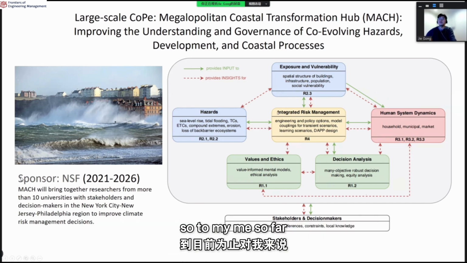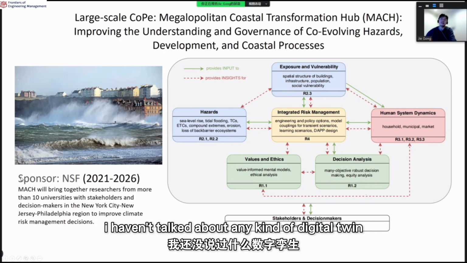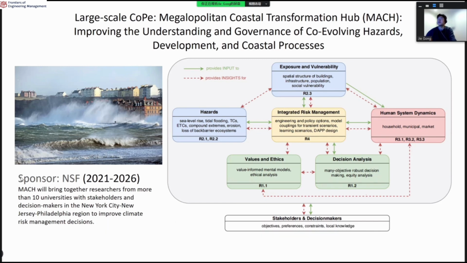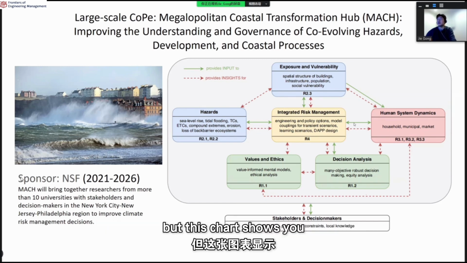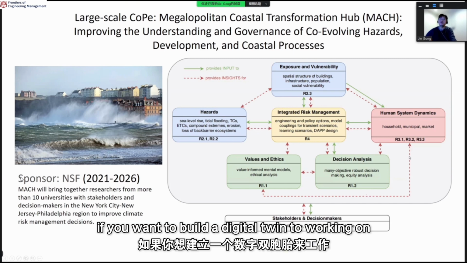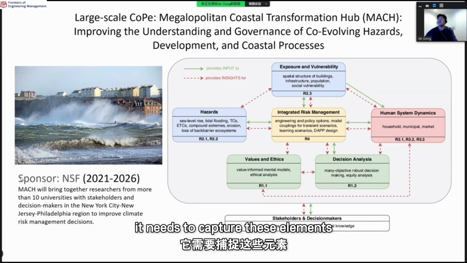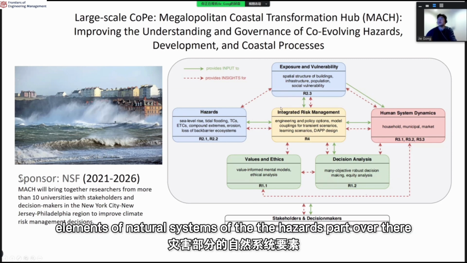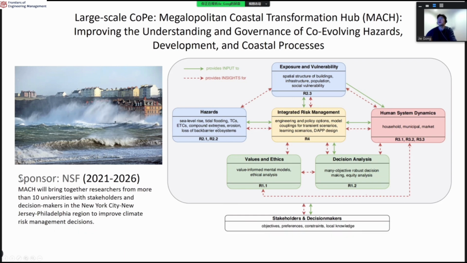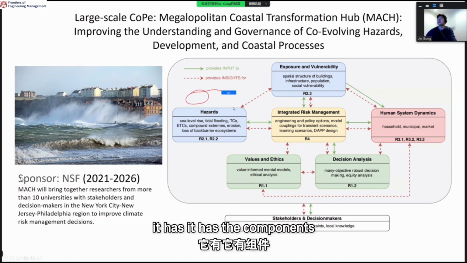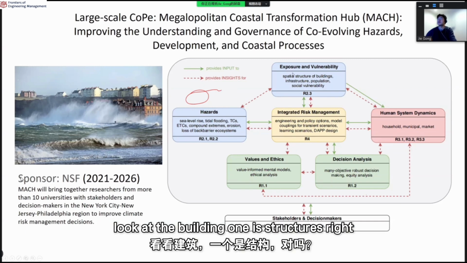So far I haven't talked about any digital twin, but this chart shows you that if you want to build a digital twin to work on, let's say, the coastal resiliency issues over there, it needs to capture these elements. Okay, it has elements of natural systems, the hazards part. It has the components looking at the built environment structures, right?